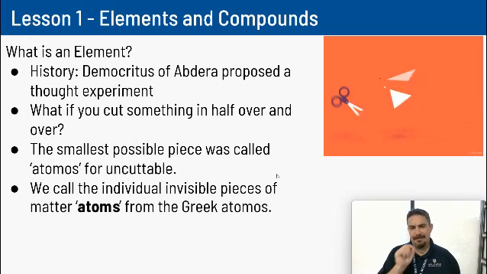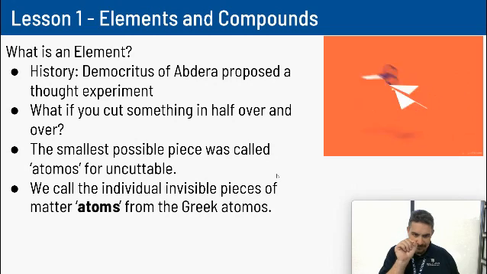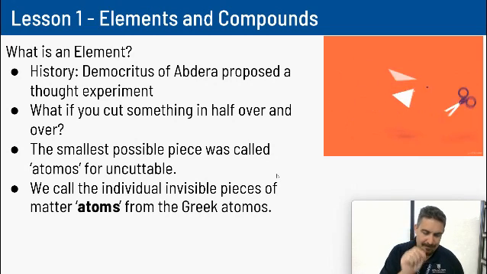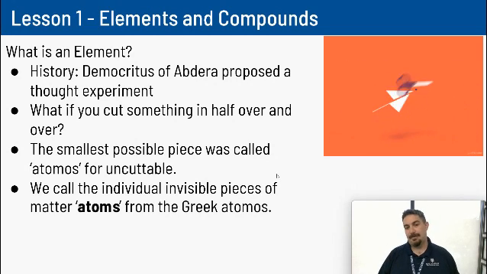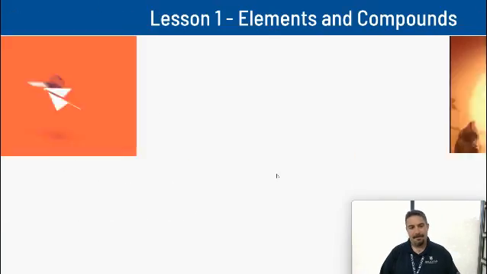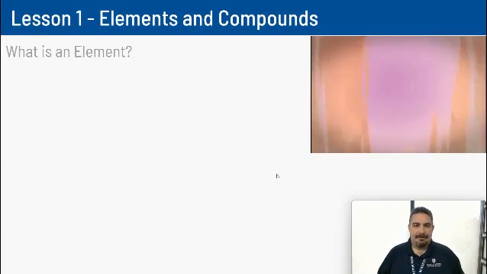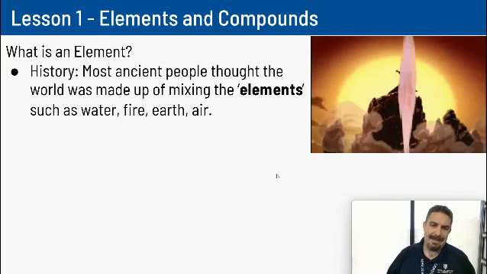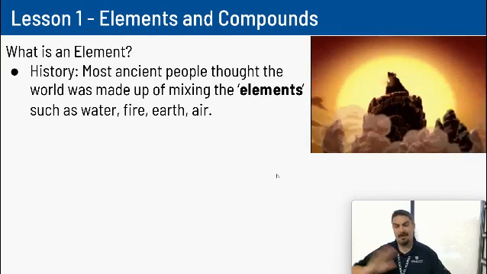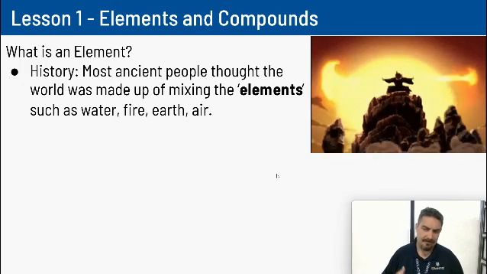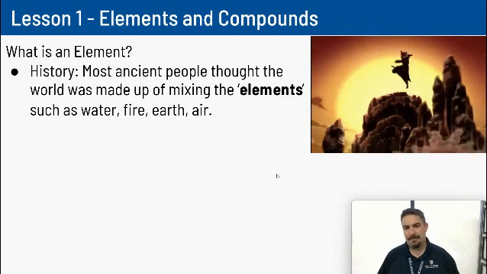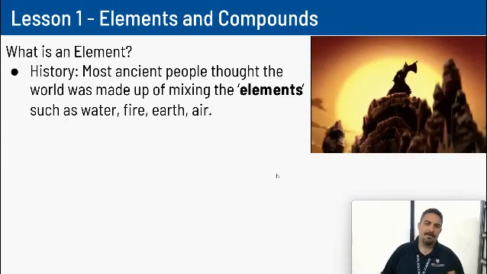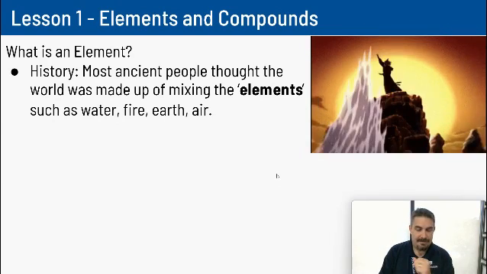Now, we call the indivisible pieces of matter atoms, from the Greek atomos, right? Now, what is an element? So in ancient history, and this is all across the world, from China to Greece to many indigenous cultures, they thought the world was made by mixing up the elements.